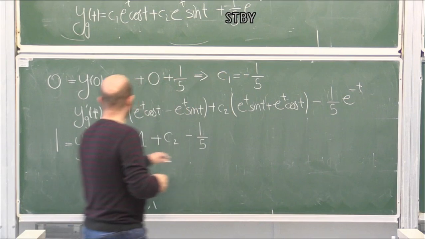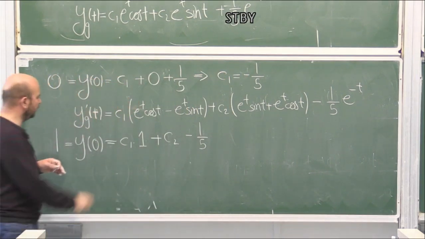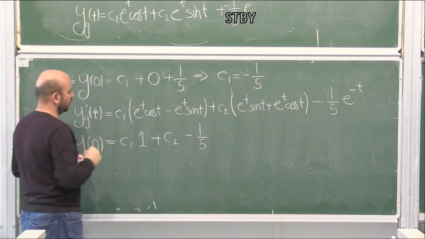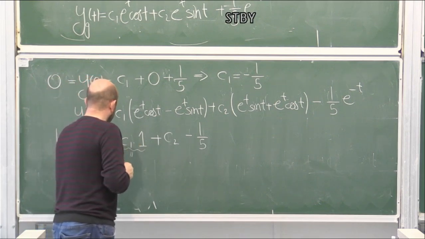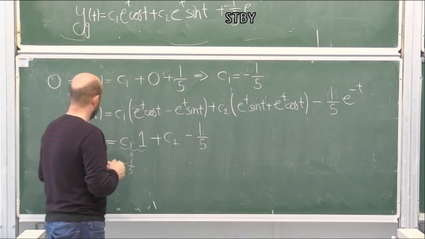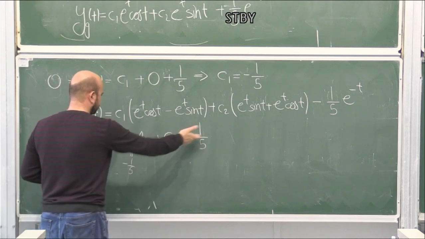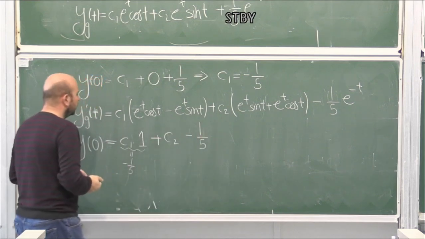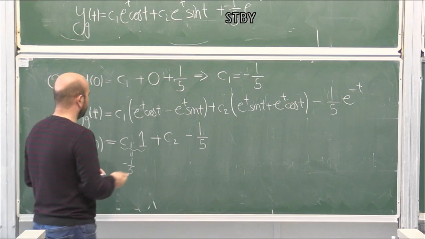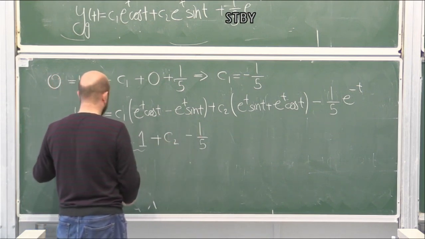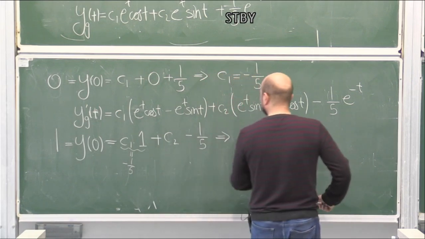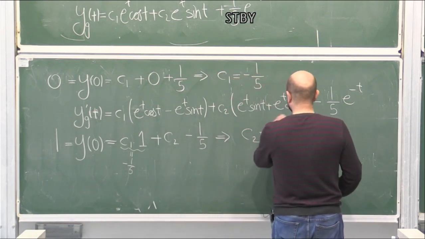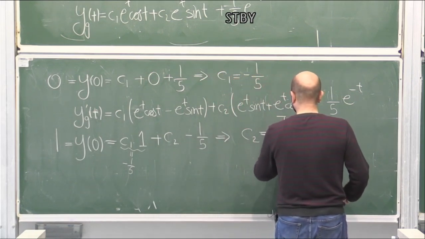So this summation must be 1. We know that c1 is negative 1 over 5, so this part is negative 1 over 5. Together we have negative 2 over 5. If I want to reach 1, then c2 must be 7 over 5. So c2 is 7 over 5.